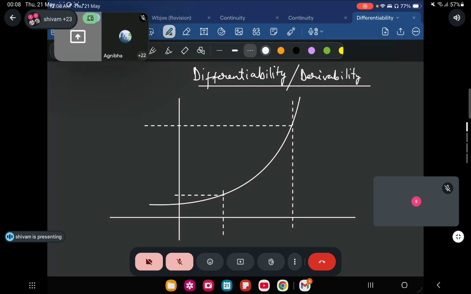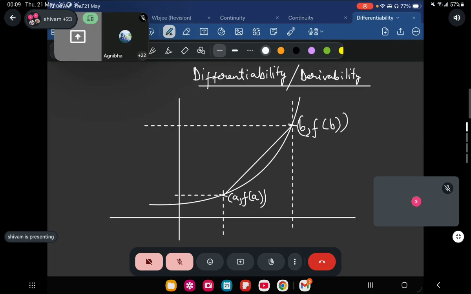By finding out the slope, right, joining these 2 points. Let us say that this point is A comma f of A, and this point is B comma f of B.